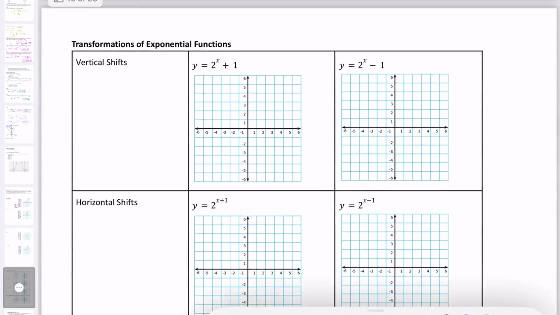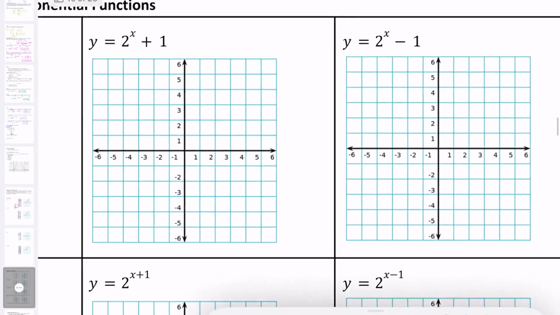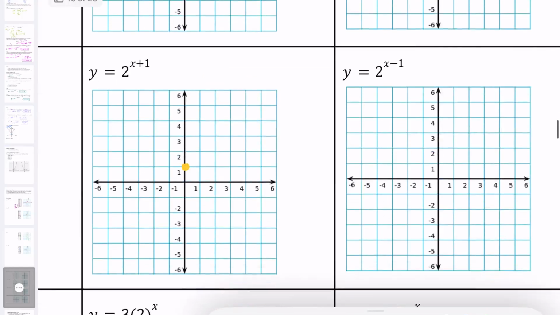All right, that leads us to this table where we can draw all of our transformations and kind of show how each one worked. So for the next moment here, I'm going to go ahead and draw all of my parent functions so that I have them conveniently drawn out.